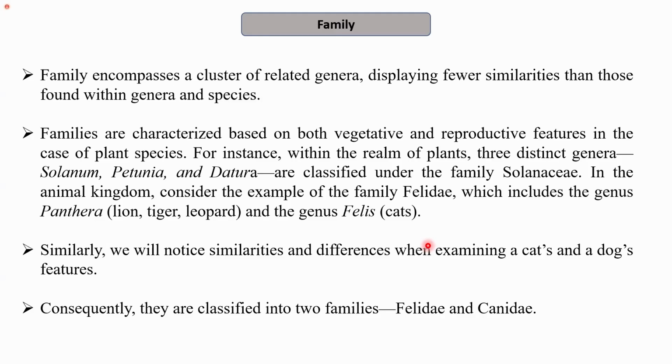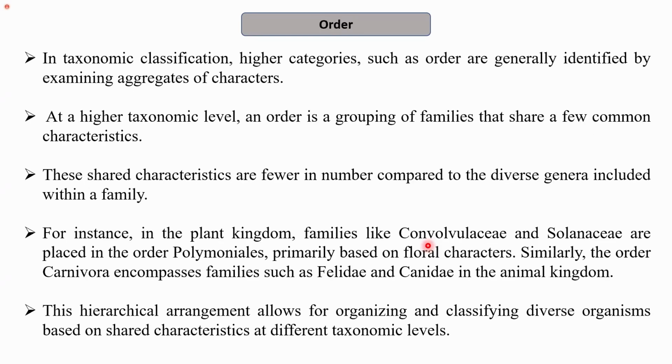After family, we have order. In taxonomic classification, higher categories such as orders are generally identified by examining aggregates of characteristics. At a higher taxonomic level, an order is a grouping of families that share a common characteristic. So the families share a few common characteristics, and based on that, they are classified into different orders.